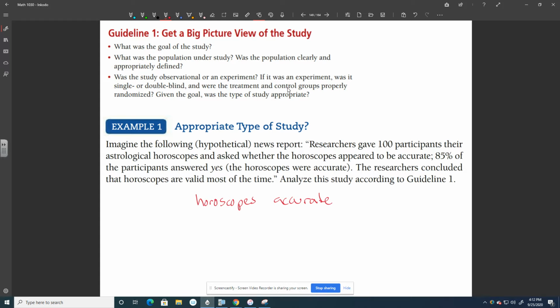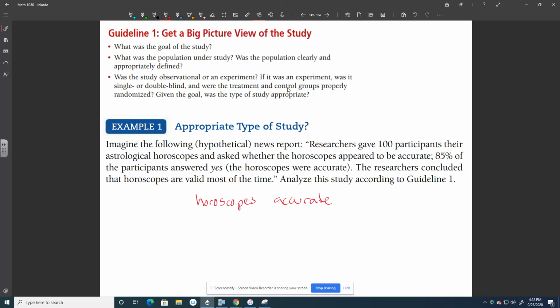Was the study observational? Well, it sounds like it's somewhere in between. They didn't just observe what happened. They had 100 people go through this process. And the question really comes down to, was this study appropriate?